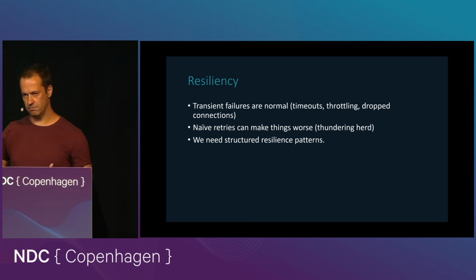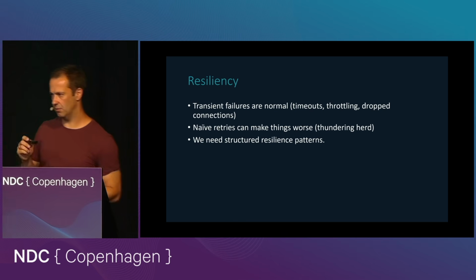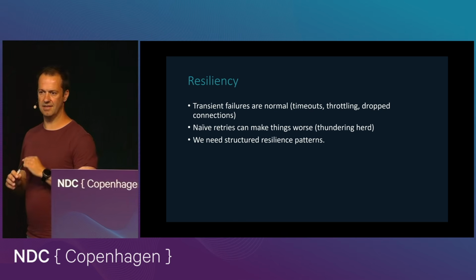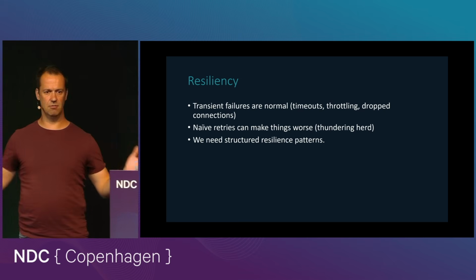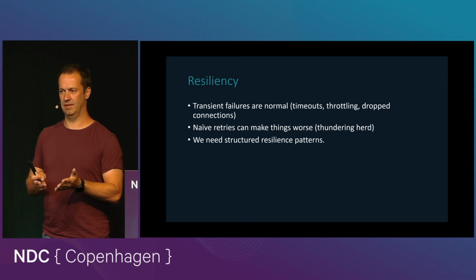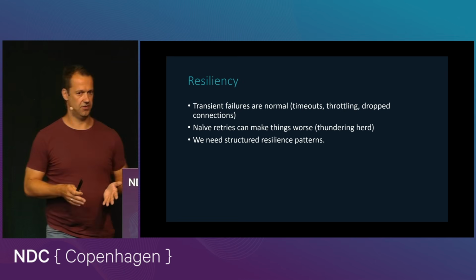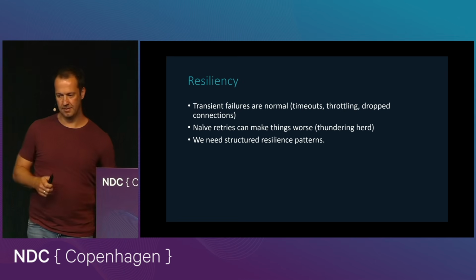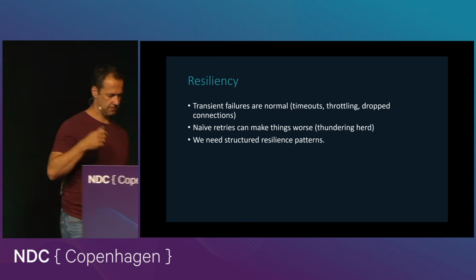And same for, well, this will time out, but what with throttling, an API that gets hit really hard. Imagine the most popular festival in Denmark opens the gates to ticket sales. That will hit the API hard. You need a way around that. Connections that drop.